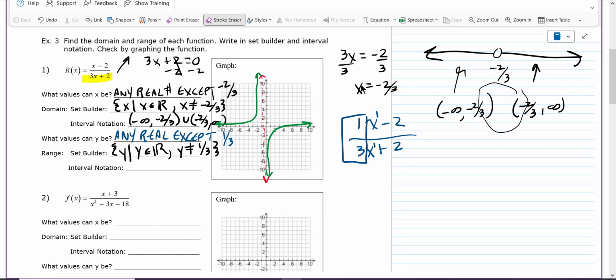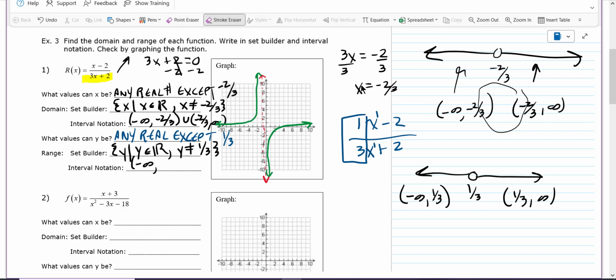Okay, now interval notation, you're going to go like this. It's just basically like the last problem. You're never going to reach 1/3, so you're going to be below 1/3, and you're going to be above 1/3. So that's going to go like that. If you're naming the whole entire number line except 1/3, you would say negative infinity to 1/3, and then union 1/3 to infinity.